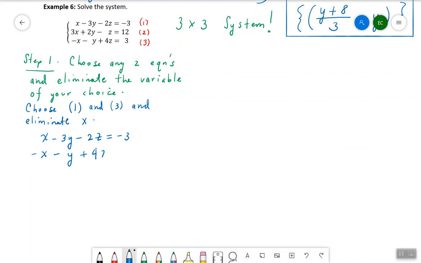It's very easy to make a careless mistake, and so we just want to show all the steps and try to avoid the careless mistake as much as possible. Okay, the x's cancel. We're left with minus 4y plus 2z equals 0. And that's an important equation. We should go ahead and number it. We can call it equation 4.